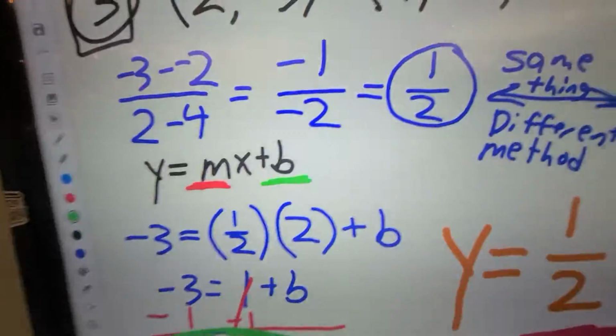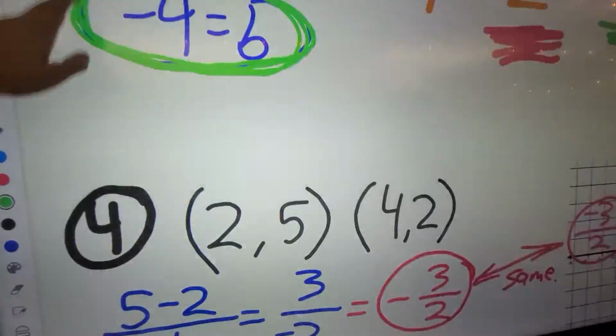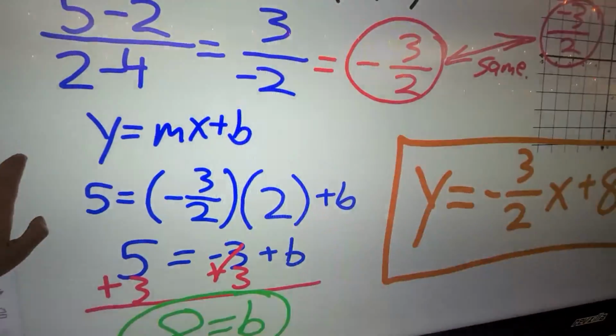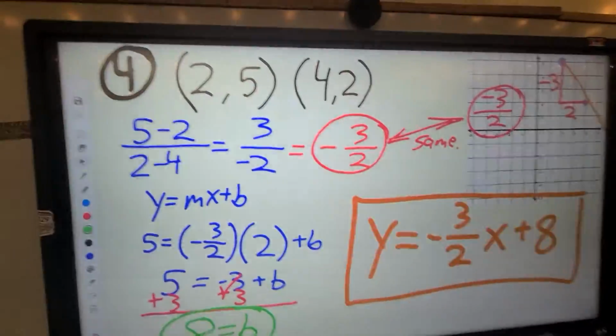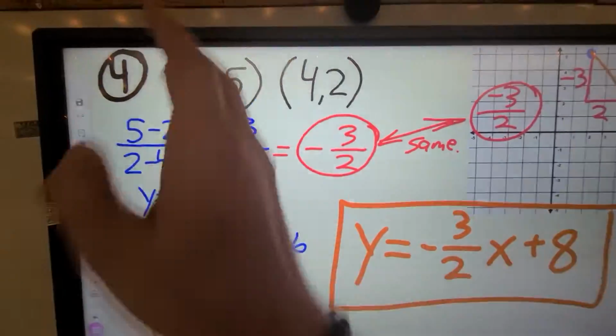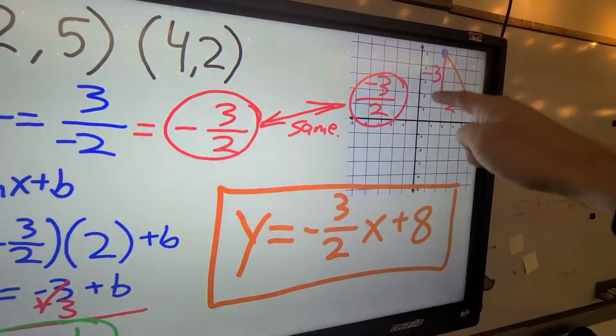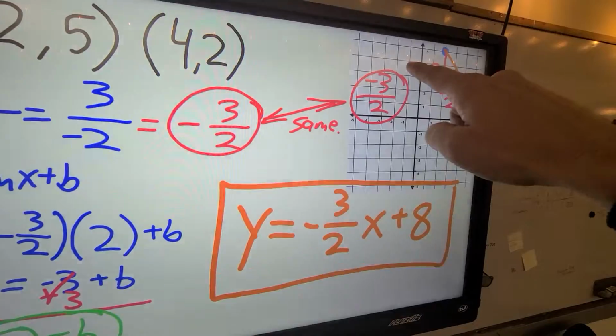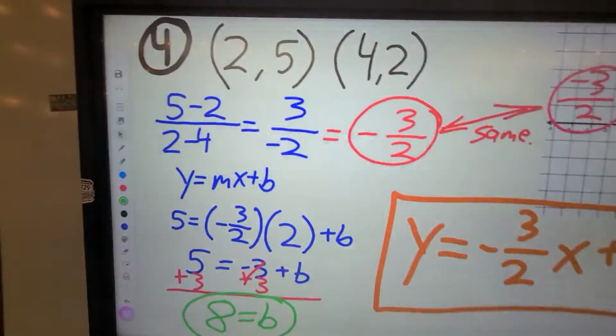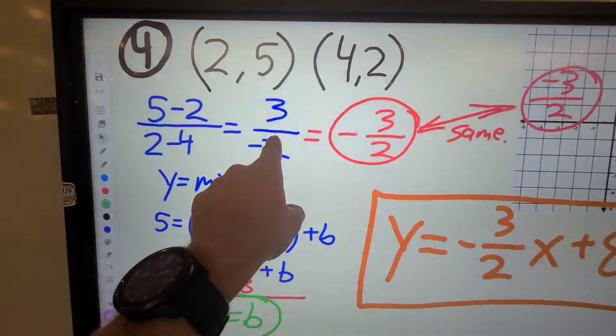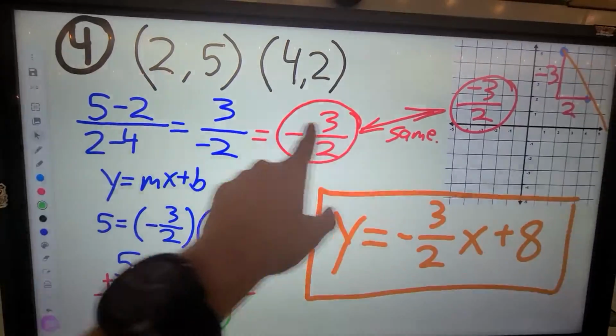Let's go ahead and do another problem. Number 4. For this one, very similar. We once again have 2 coordinates. We find the slope. The slope this time, we went down by 3 and over by 2, so negative 3 over 2. It is the same as if I did it graphically, or algebraically.